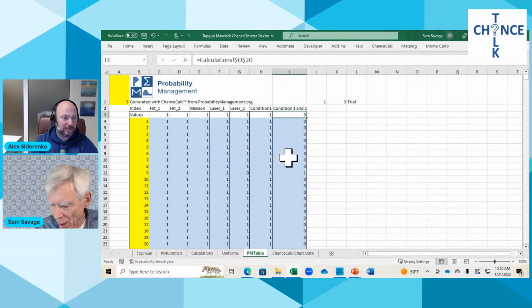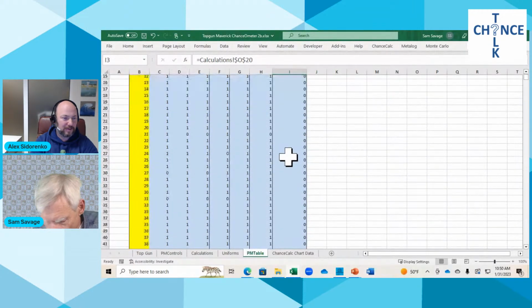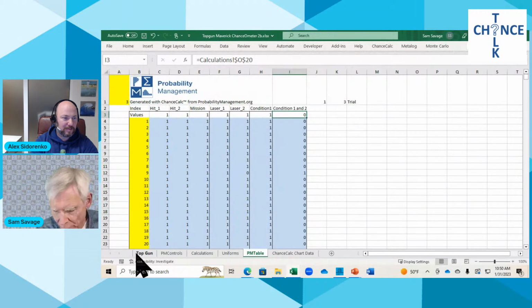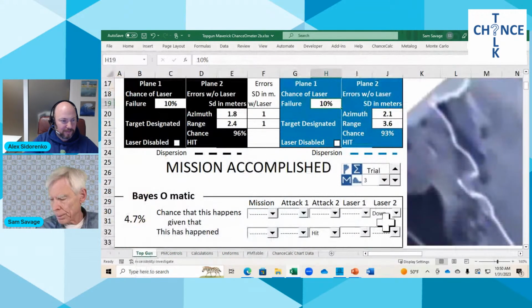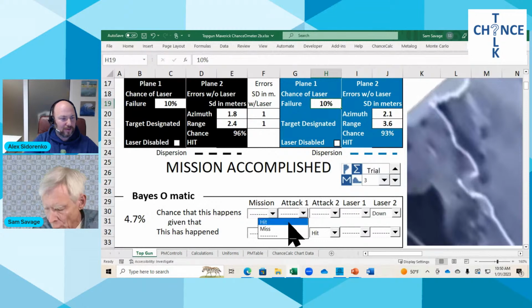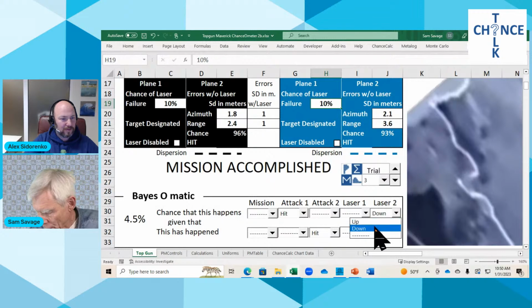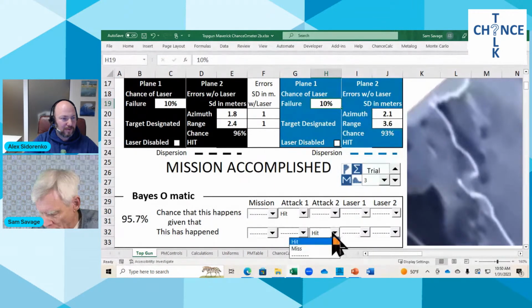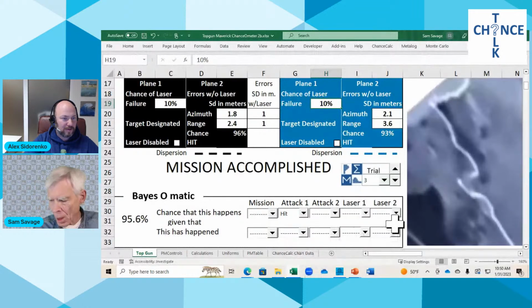So if we look down here, let's see what condition I have. Let's go over here. So, okay, this is a real rare one. Let us say that we hit target 1 given that laser 1 was working.